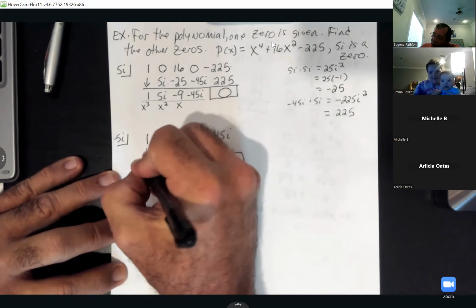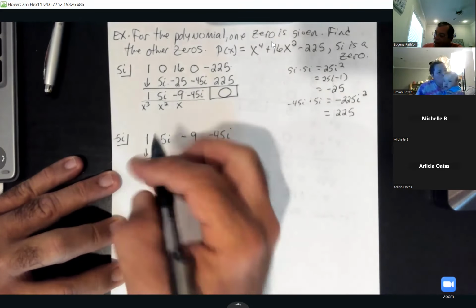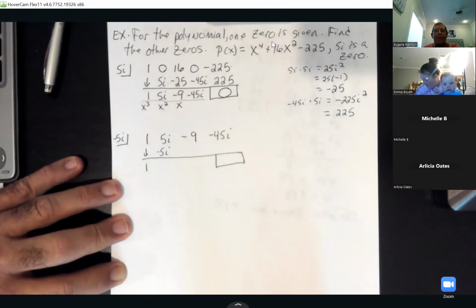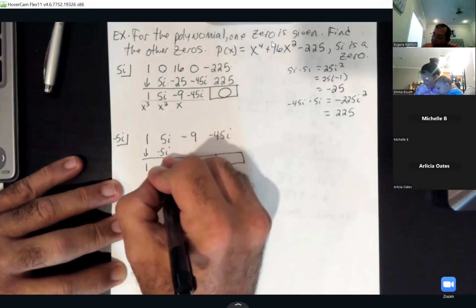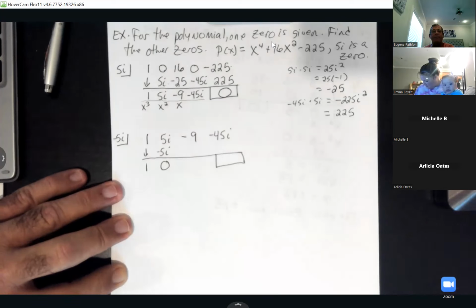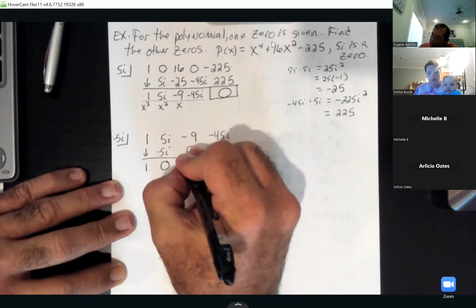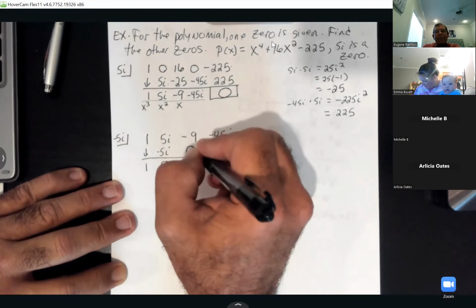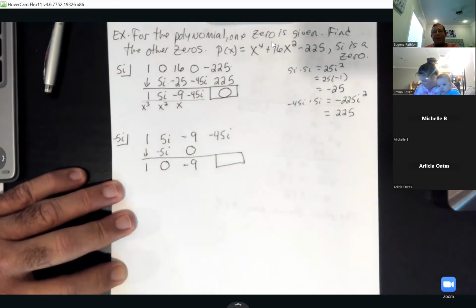So let's see what happens. We're going to bring our 1 down. 1 times -5i is a -5i. And look at that. 5i, -5i, big 0. 0 times -5i is 0. -9 plus 0 is -9. And look at this.